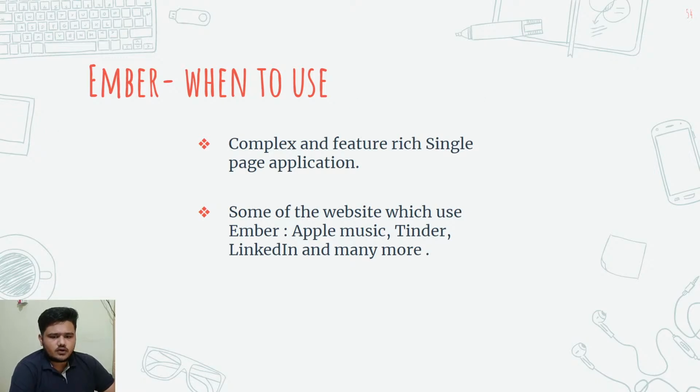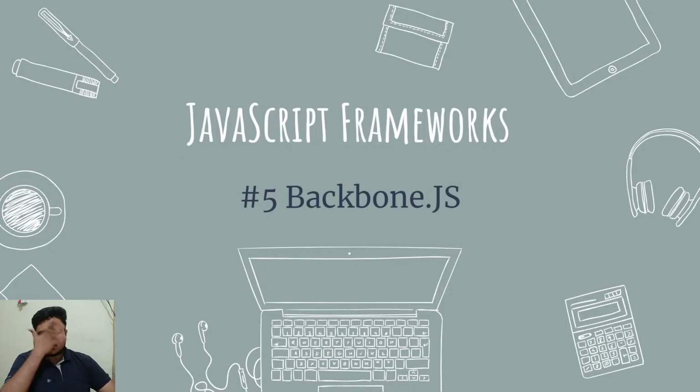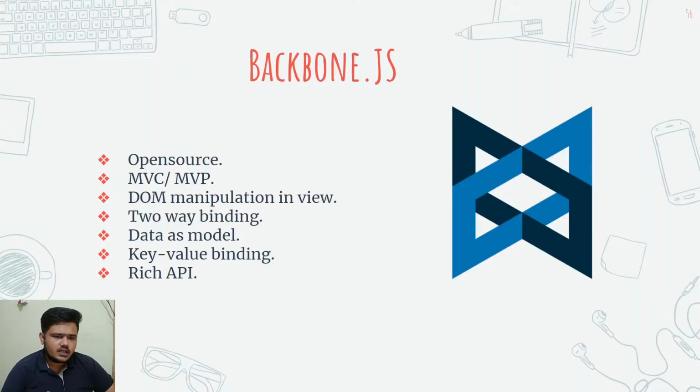So moving forward here, we will be discussing the last framework, that is Backbone.js, correct? It is a free open source JavaScript library developed in 2010. It is available to use under the MIT software license. Backbone.js follows the MVC and MVP development concept.